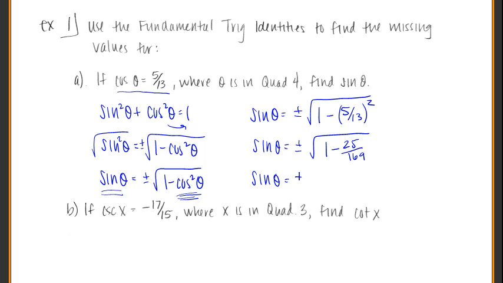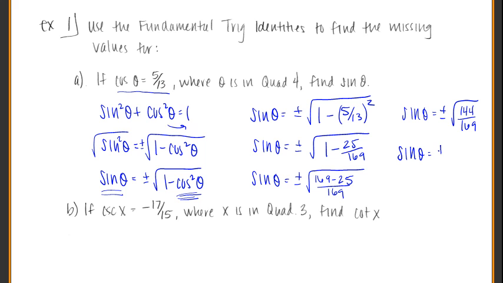So sine of theta is plus or minus the square root of 169 minus 25 over 169, which is the square root of 144 over 169. And sine of theta is plus or minus 12/13.